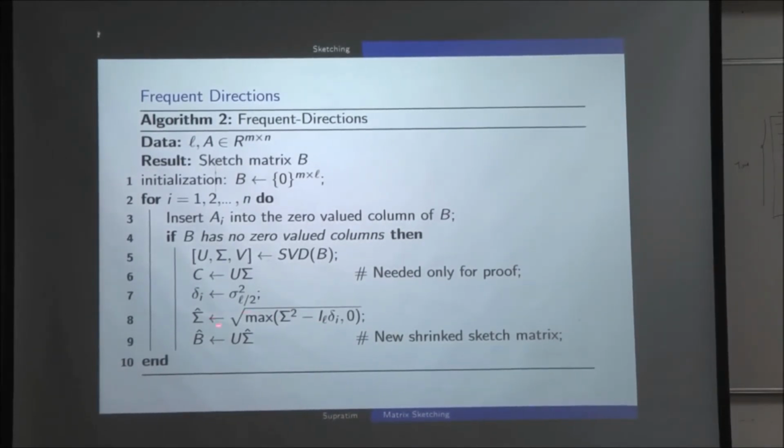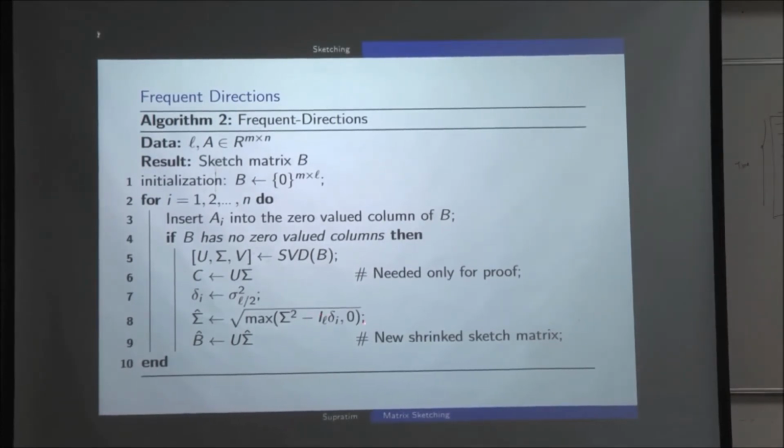After that, we redefine the singular values by subtracting delta I from every singular value. If the value goes below 0, we set it to 0, because we are keeping the median singular value as our amount of shrink.